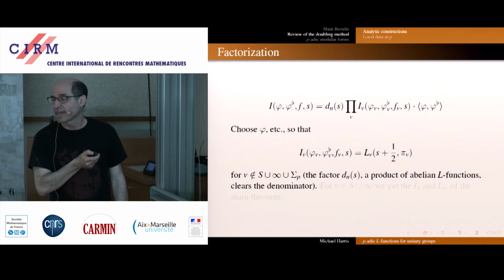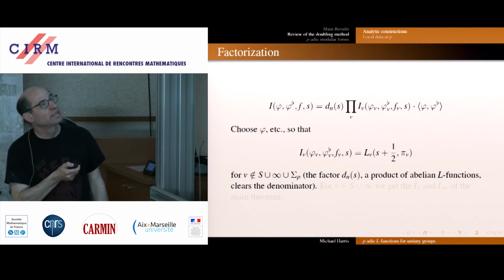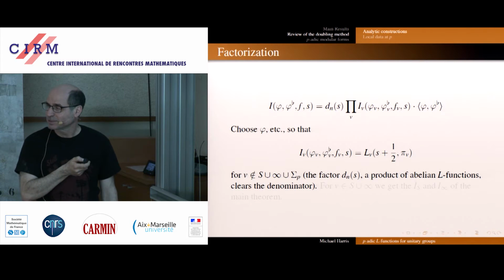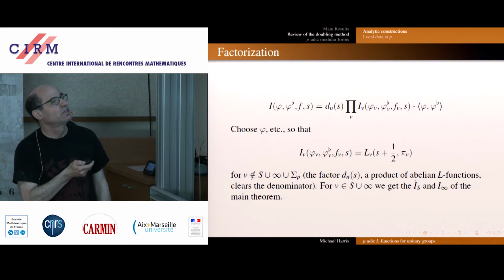This is where the last term in the specialization comes from. This is the thing you're supposed to be taking a p-adic interpolation of. For v in S or infinity, we get these other factors.